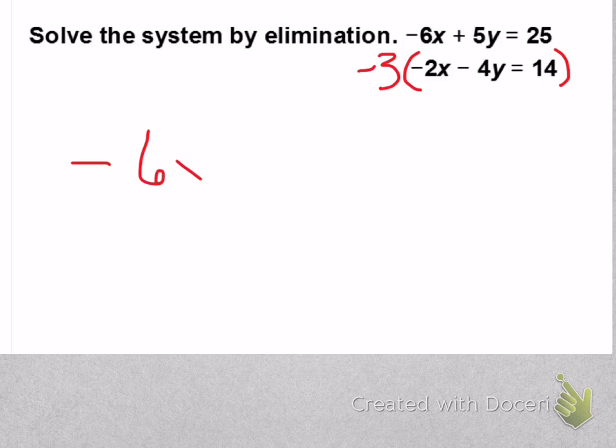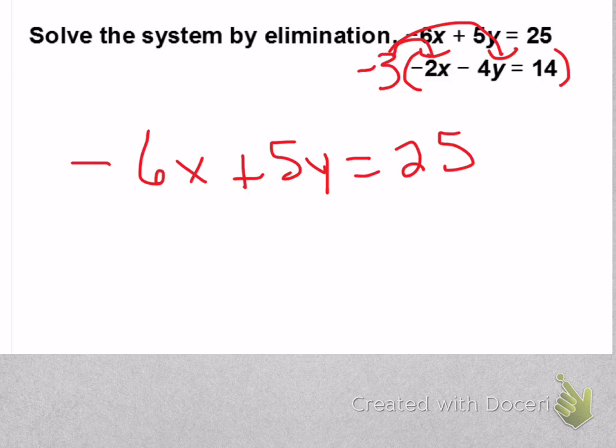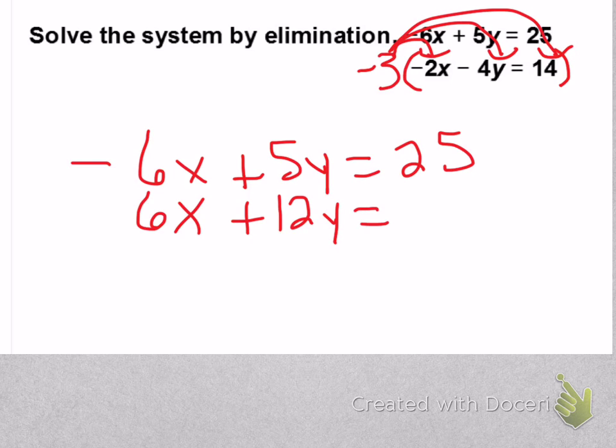So I'm going to rewrite the top equation and then distribute a negative 3 to everything. So negative 3 times negative 2 is positive 6x. Negative 3 times negative 4y is positive 12y. And then negative 3 times negative 14 is negative 42.